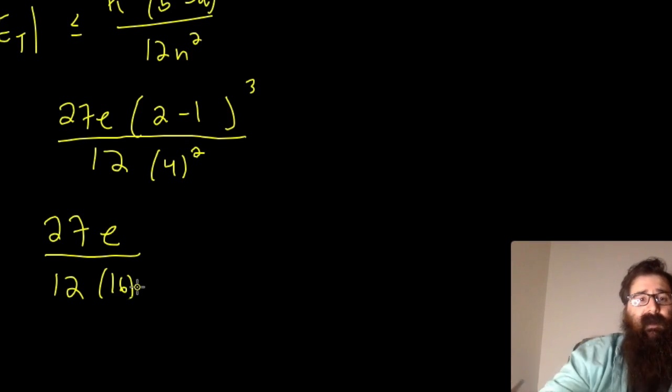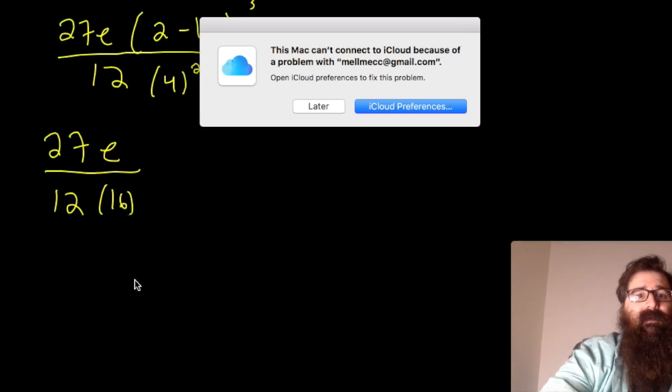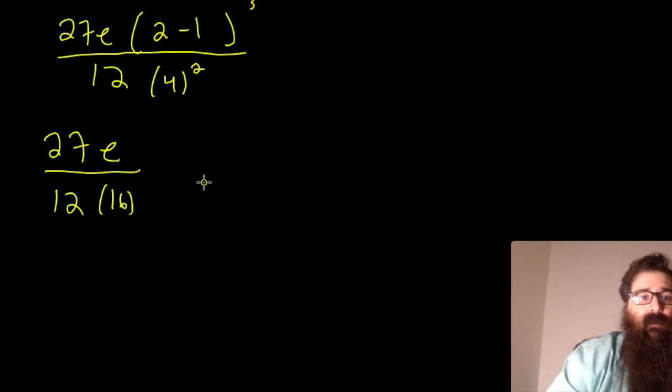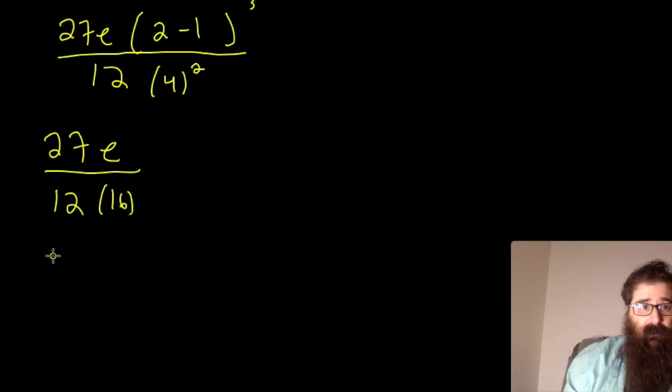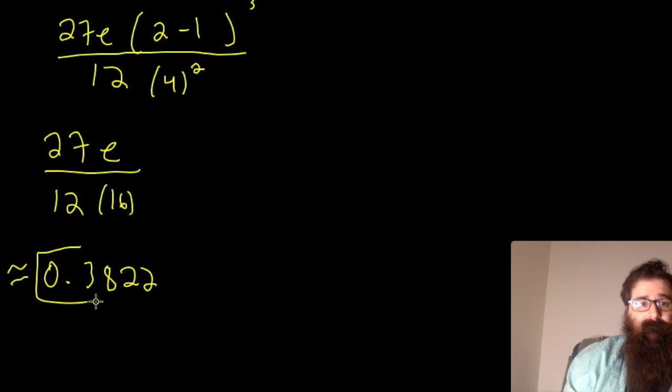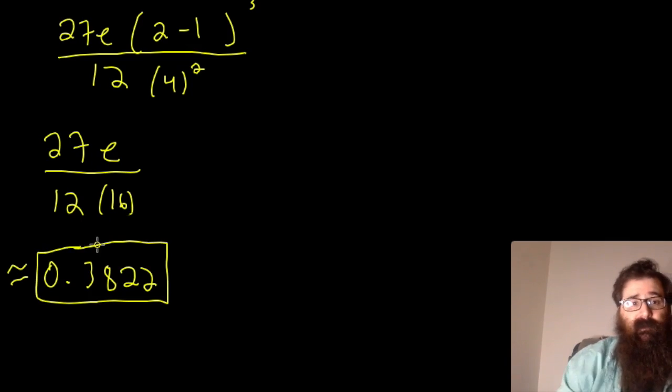But really what I'd want to do is get some decimal approximation. This is going to give us about 0.3822 for that error associated with trapezoidal rule.